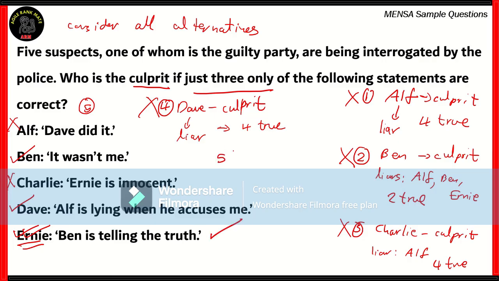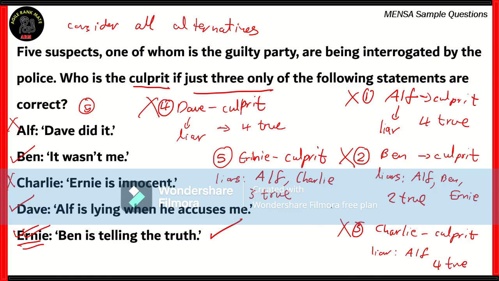So in our 5th scenario, Ernie turns out to be the culprit, and the liars in this scenario are Alf and Charlie. So we have 2 whose statements are incorrect, so therefore there are 3 true statements. And that's the exact condition that we need to find out.